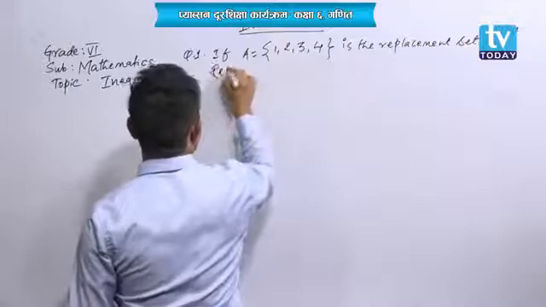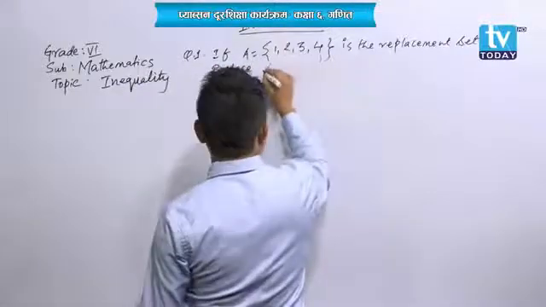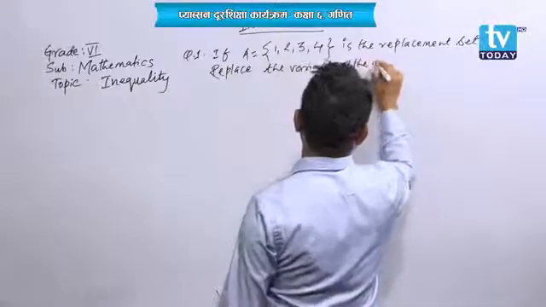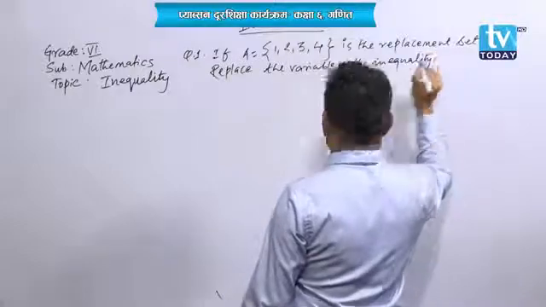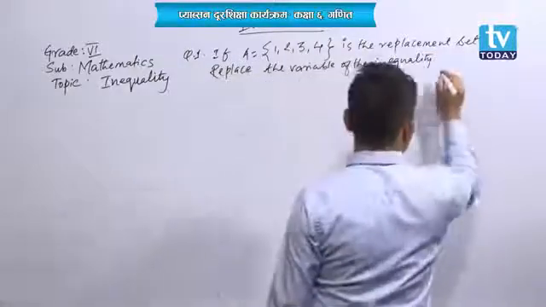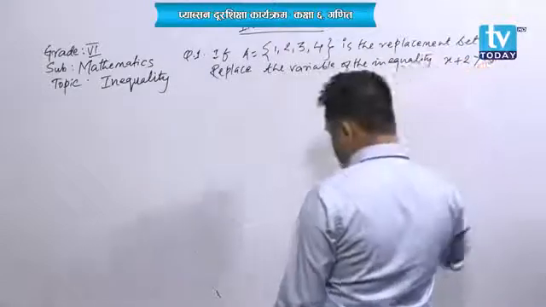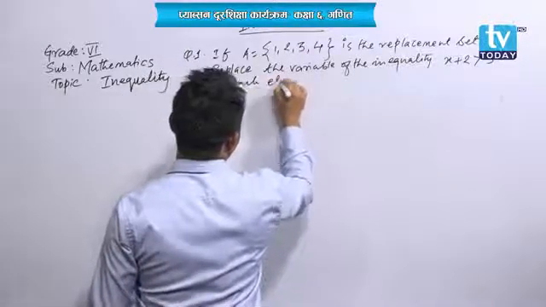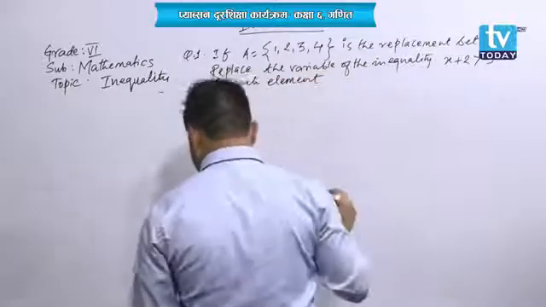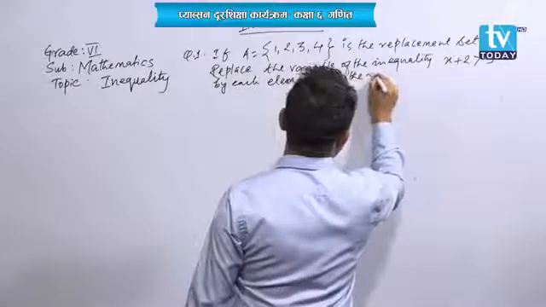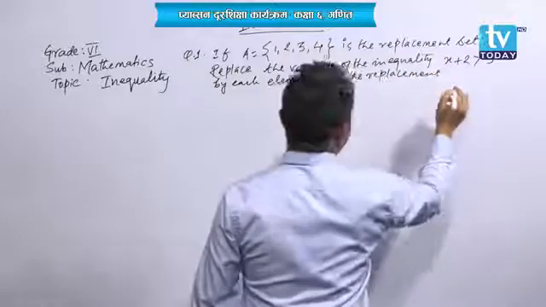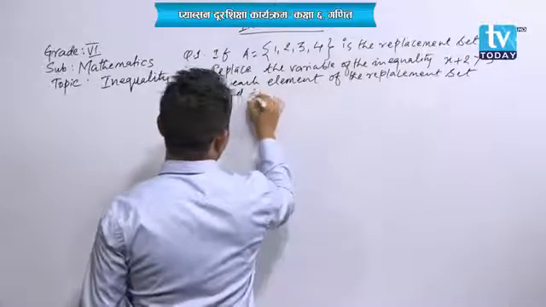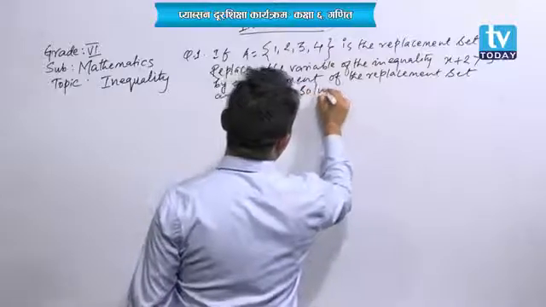Replace the variable of the inequality x plus 2 greater than 3 by each element of the replacement set, and find the solution set.